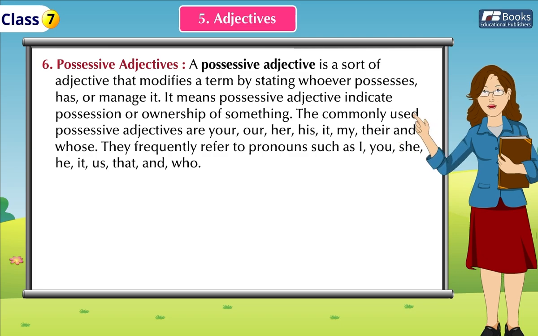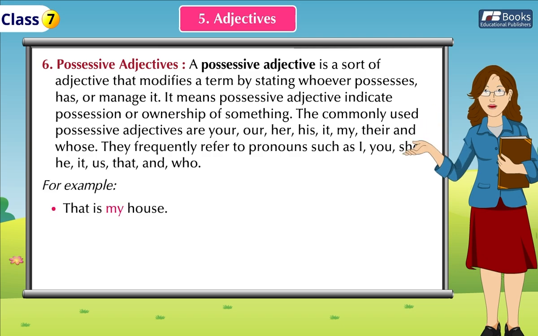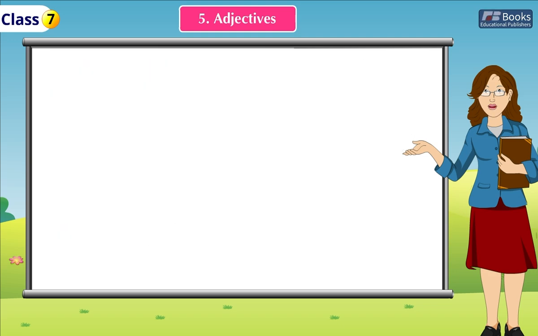They frequently refer to pronouns such as I, you, she, he, it, us, that, and who. For example, that is my house. Her name is Sambhavna. Pick up your shoes.